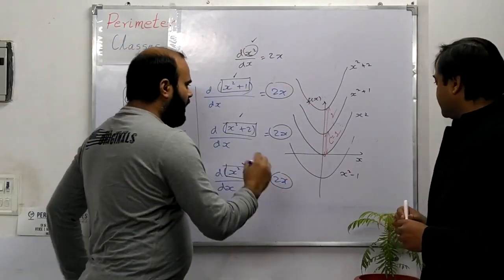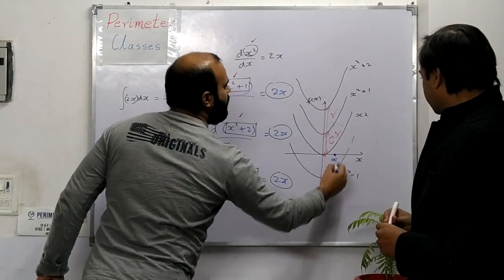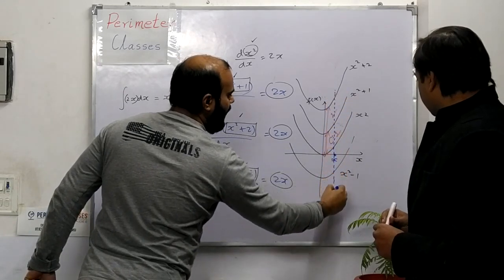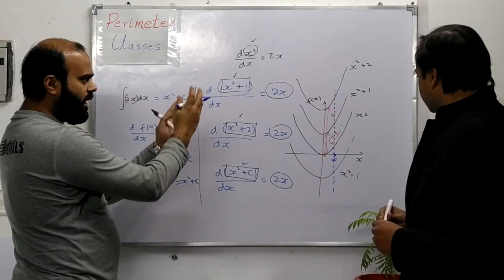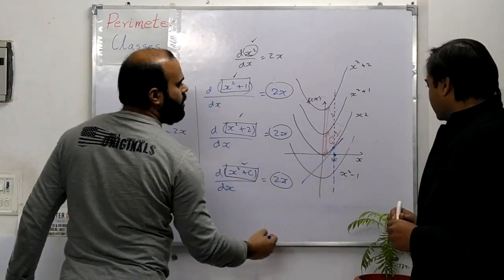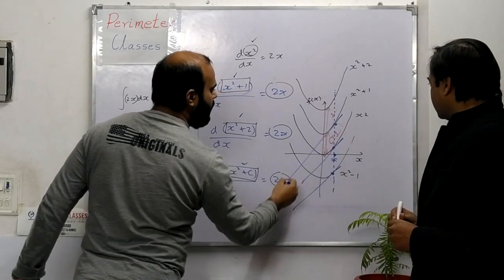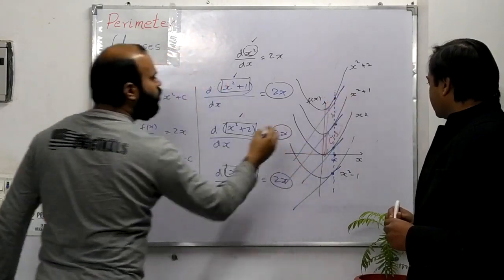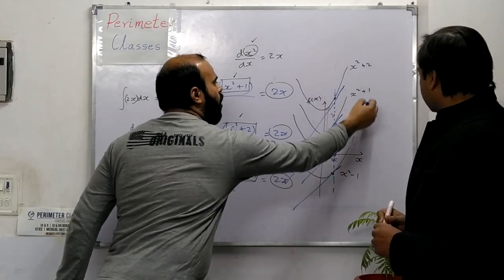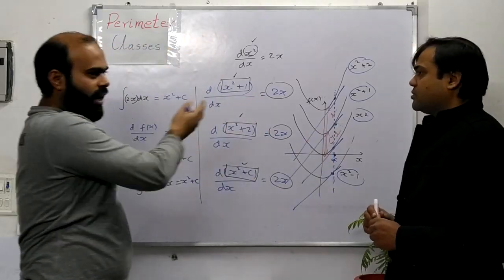Basically, at any x, if we draw a line parallel to the y-axis, x is the same everywhere on it. If we draw a tangent here, here, and here, what do we observe? That for the same x, all of these curves are giving you the same parallel set of tangents.